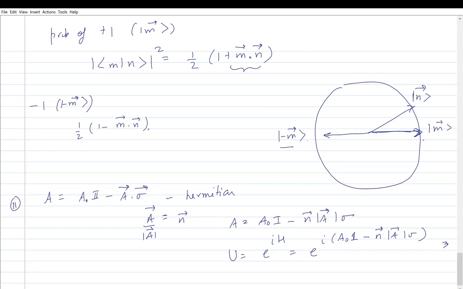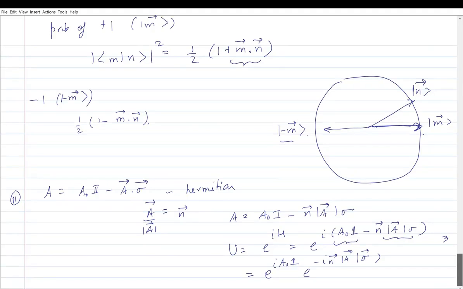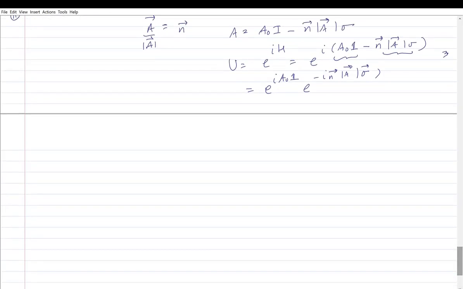When I expand it, because I commutes with this guy, I can just expand it as this guy, and I get, so this is also known as the rotation operator.